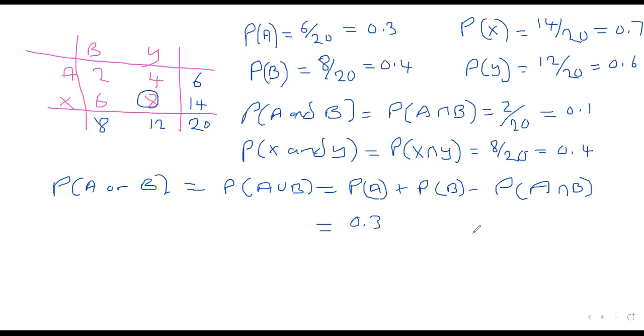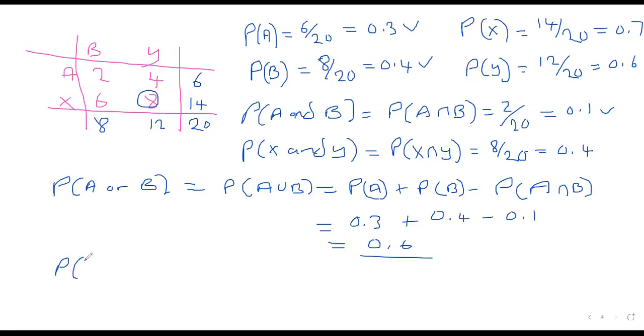We have A as 0.3. What is the probability of B? 0.4. And the intersection of A and B we found to be 0.1. So our final answer will be 0.6.